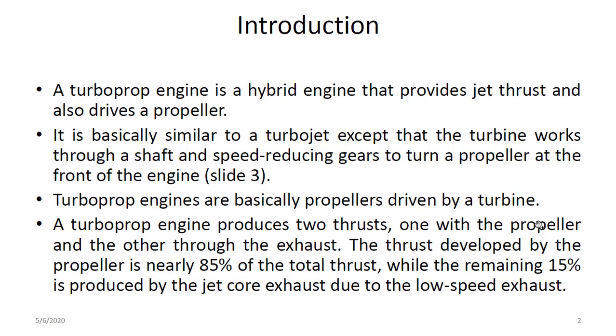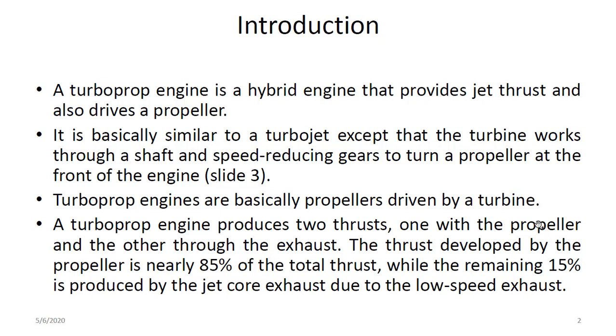The difference between a piston aircraft engine and a turboprop engine is that in a turboprop the propellers are driven by a turbine, which is different from the piston engine, where you've got a reciprocating engine connected to a shaft that turns the propellers.